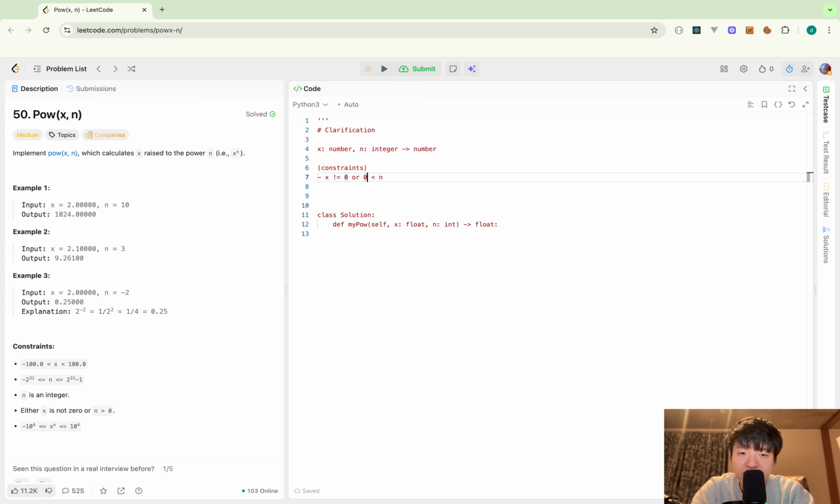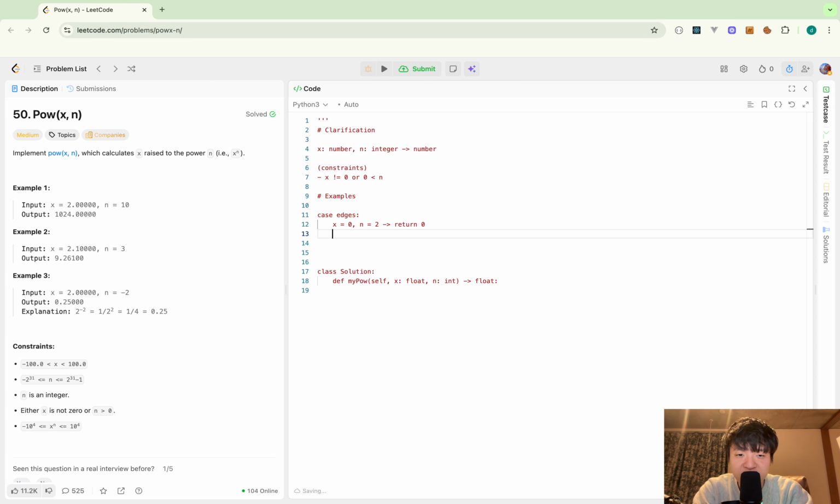So in this case, actually this is the edge case. So when x is 0, n is something like 1 or 2. No, n is an integer, so maybe 1 or 2. Then I should return 0.